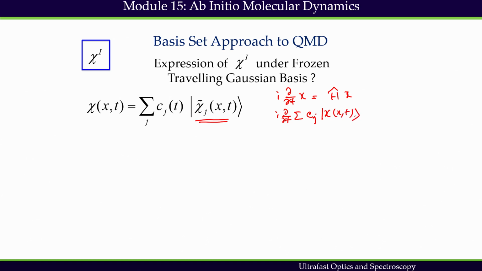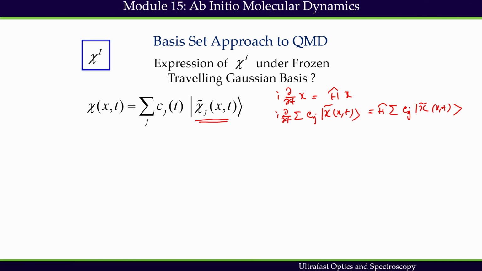That's the way we are taking it, and in that case h acts on the summation of c_j chi, which is now a function of x and t.